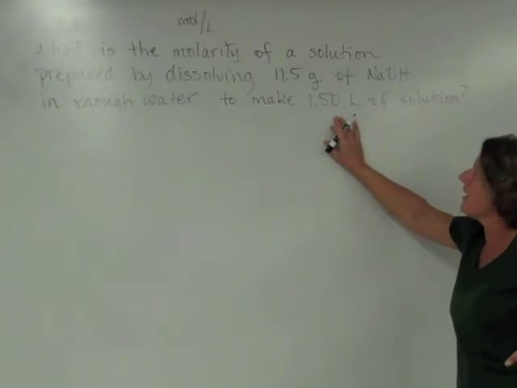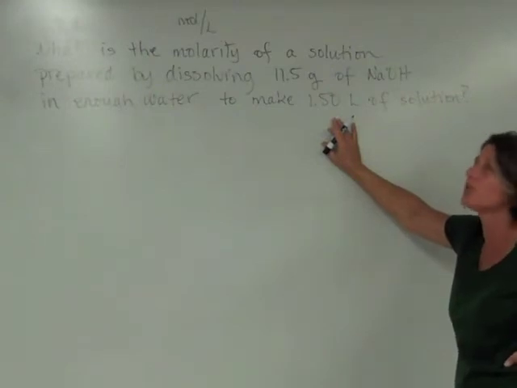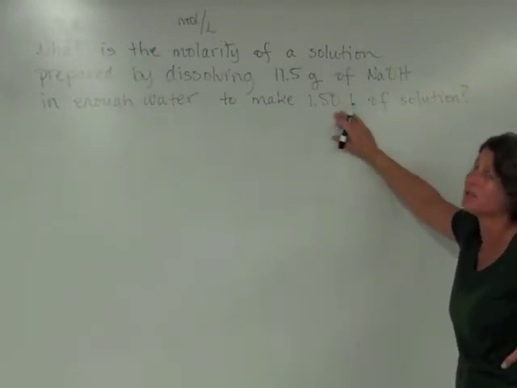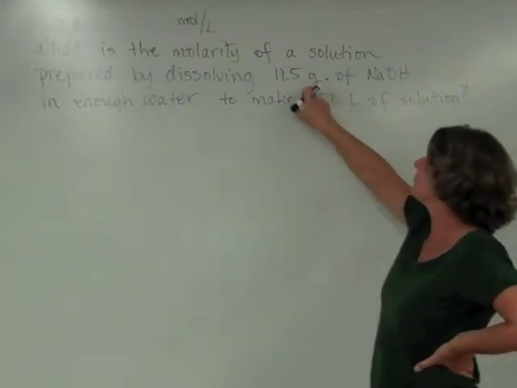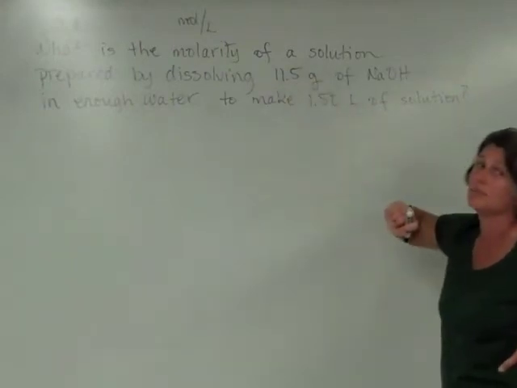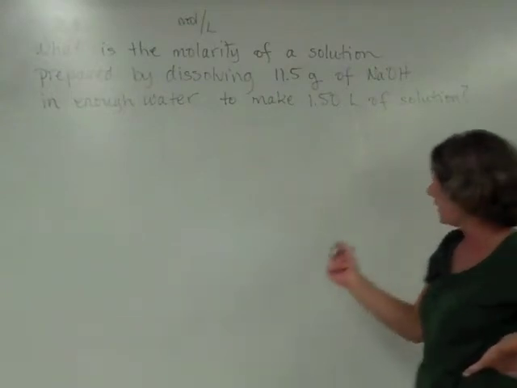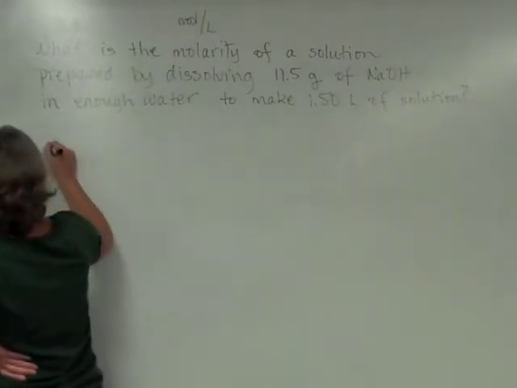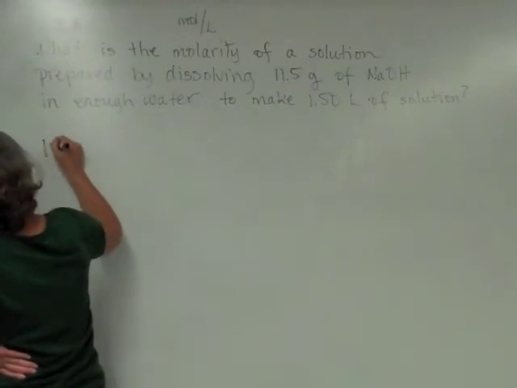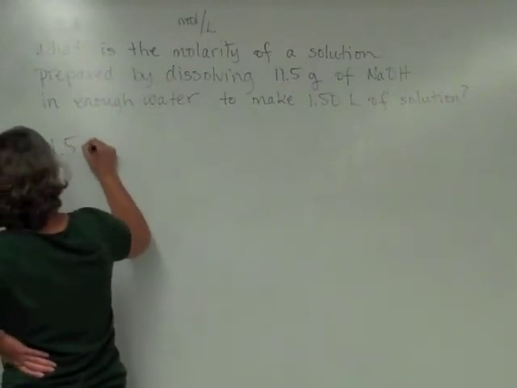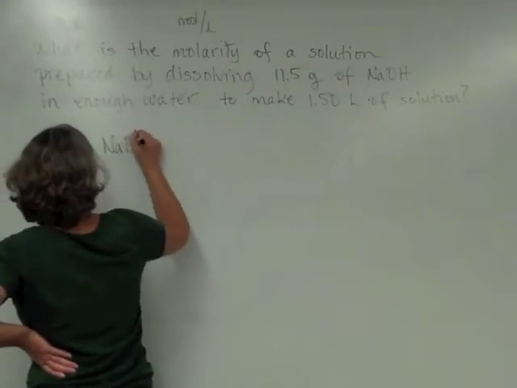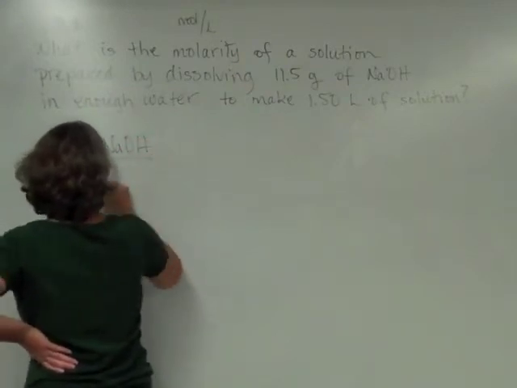So I've got 11.5 grams. And again, you guys, what I'm trying to get to is moles per liter. I already have my liters, so I don't have to worry about it. So really all I've got to do is convert this gram into moles. So I'm going to start with 11.5 grams of NaOH over 1.